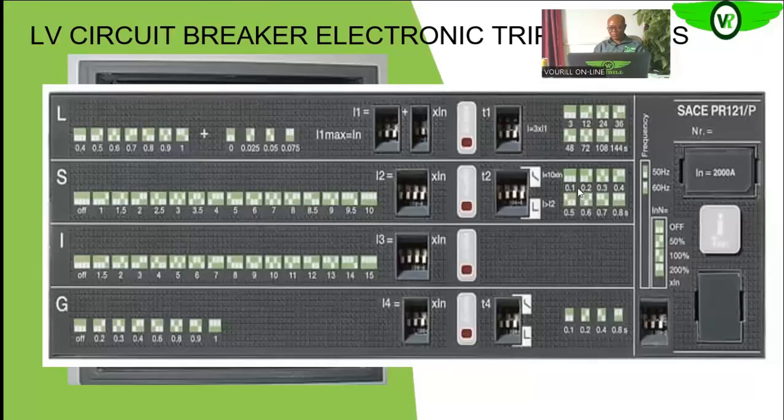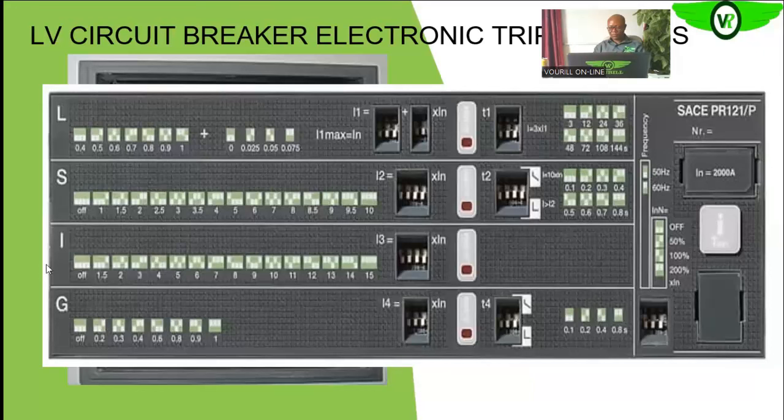We have 0.1 seconds, 0.2 seconds. Assuming you want it to count for just 0.2 seconds before it trips, the first 2 dip switches will be down and the last one will be pushed up, so that it will delay for just 0.2 seconds.